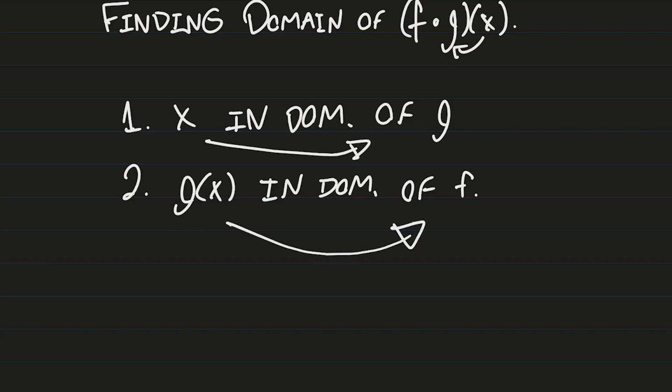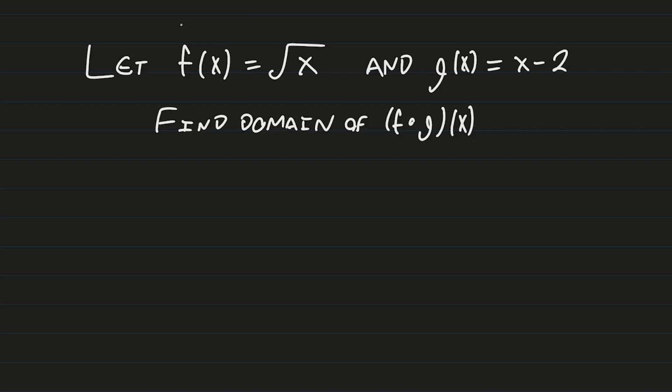Here we have an example of finding the domain of a composite function. Remember your two rules. X must be in the domain of the inner function, and the inner function must be in the domain of the outer function. In this case, our inner function is g, and our outer function is f. So we need x that fits in the domain of g.